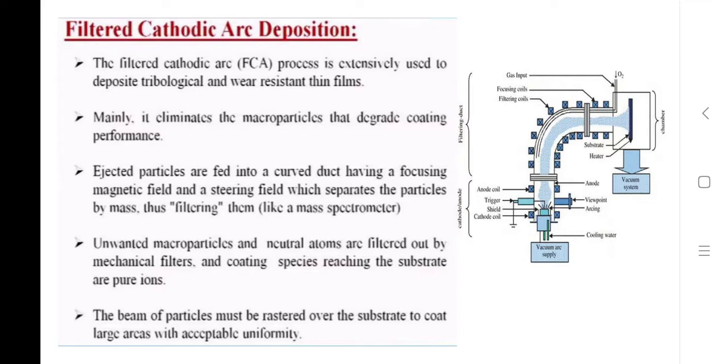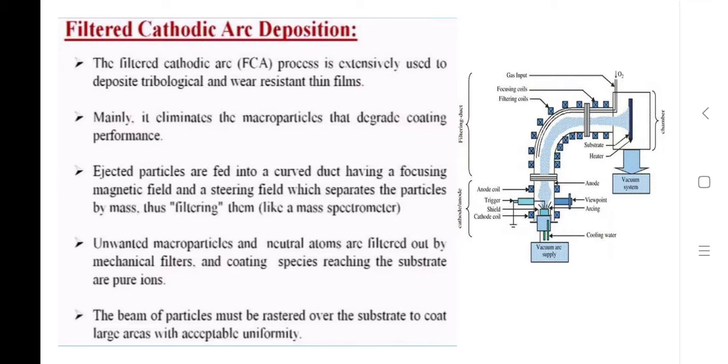There are several filtering coils which absorb the bigger particles and allow only the smaller particles to go forward. Then unwanted macroparticles and neutral atoms are filtered out by a mechanical filter, and the coating flux reaching the substrate consists of pure ions.